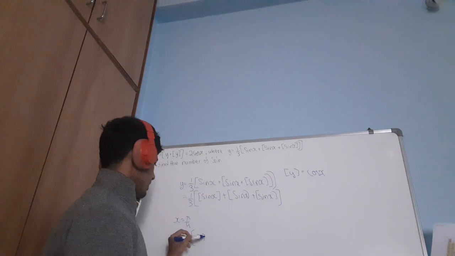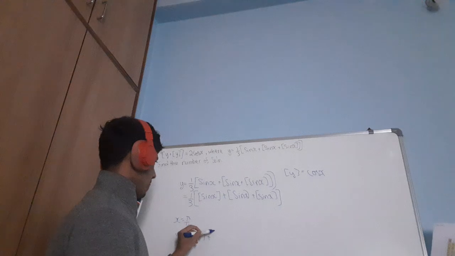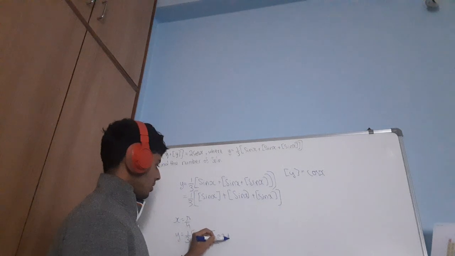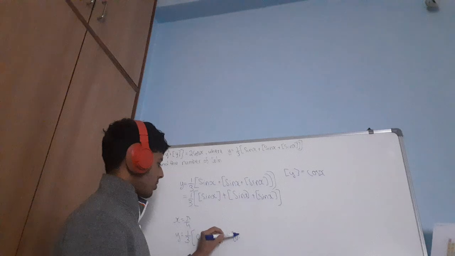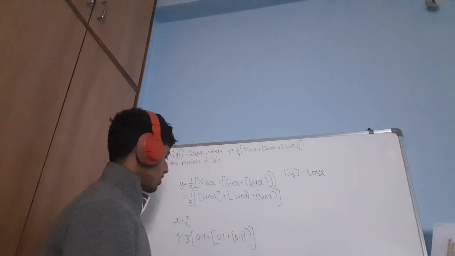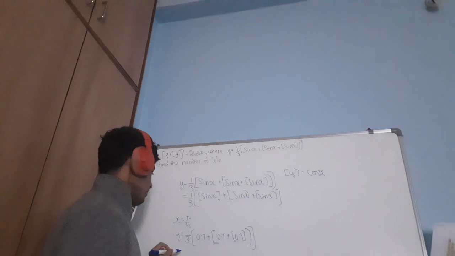So 0.7 plus box of 0.7 plus box 0.7. Essentially, this is what is given.